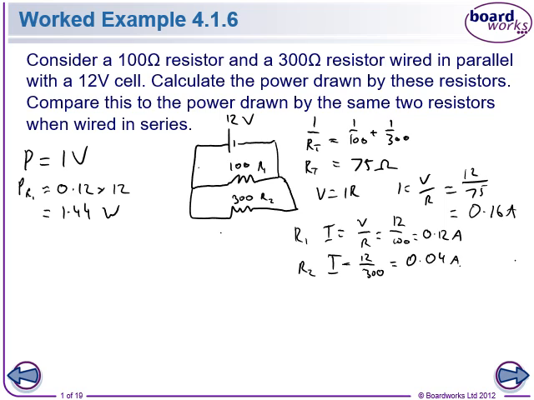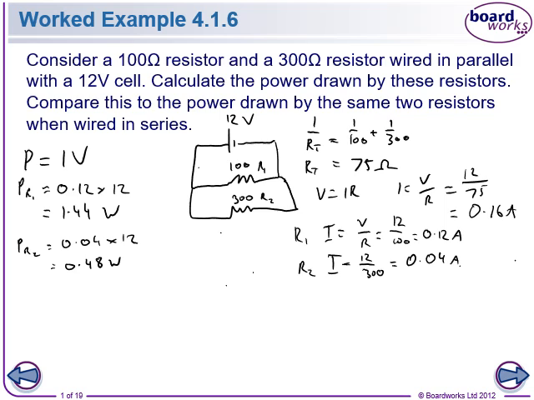So R1 is using 1.44 watts. Our R2, 0.04 multiplied by 12, 0.48 watts. Okay, so that's the amount of power each resistor is drawing.